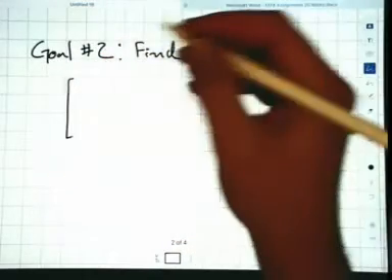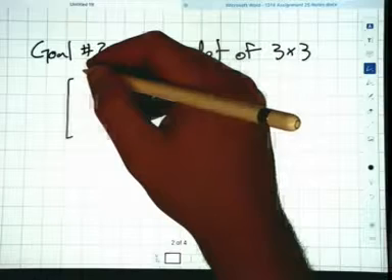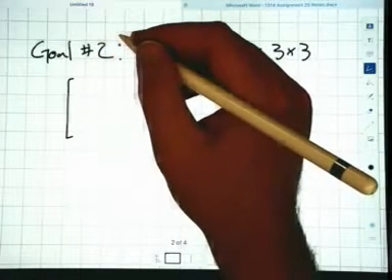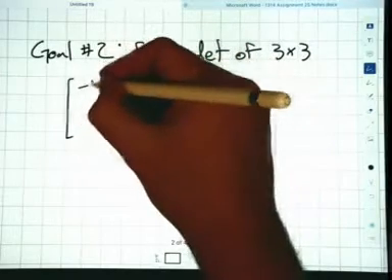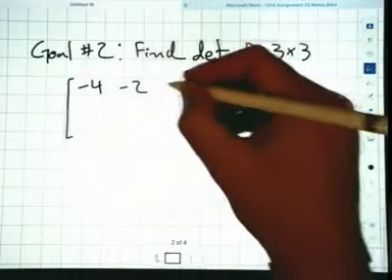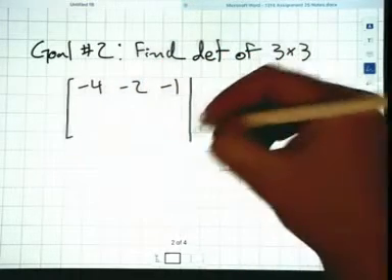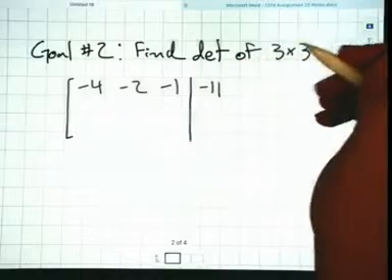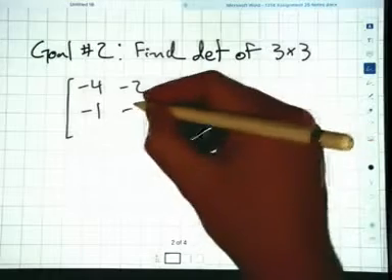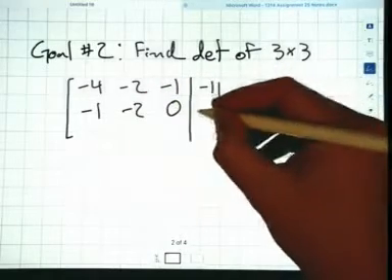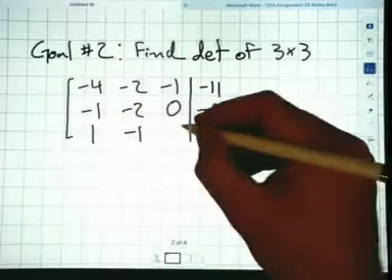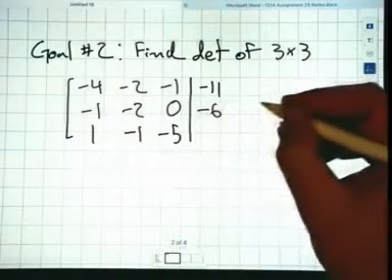Suppose you have the augmented matrix that looks like, let's do this, negative 4, negative 2, negative 1 equals negative 11. Then we have negative 1, negative 2, 0, negative 6, and then 1, negative 1, negative 5, 5.